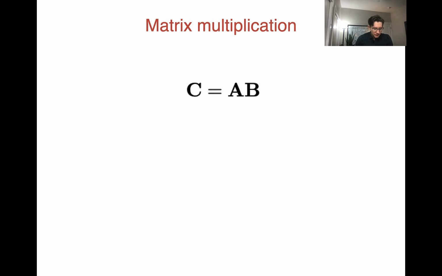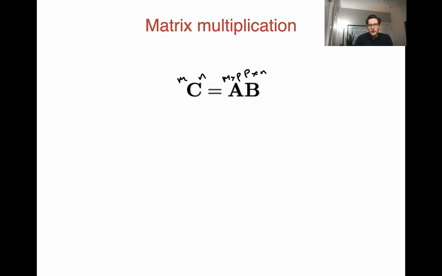Okay, so what is matrix multiplication? That's the case where we multiply two matrices, A and B. Let's say A is M by P, and B is P by N. That will make C M by N. So note, for matrix multiplication, the number of columns of the first matrix has to equal the number of rows of the second matrix.